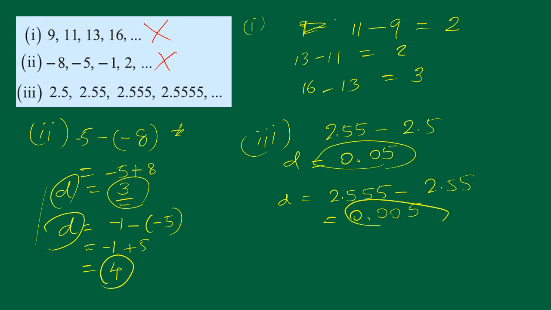These are different, so you can say it is also not an arithmetic progression. So if it is an arithmetic progression, all the differences should be the same. The difference between any two consecutive terms should be the same in an arithmetic progression. So let's have a look at the other parts, right?